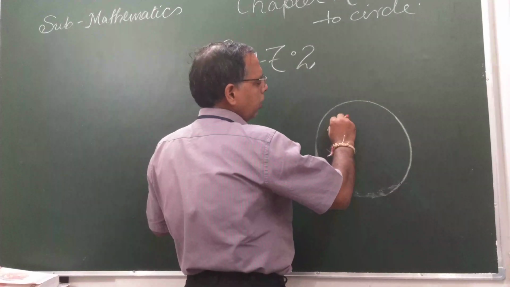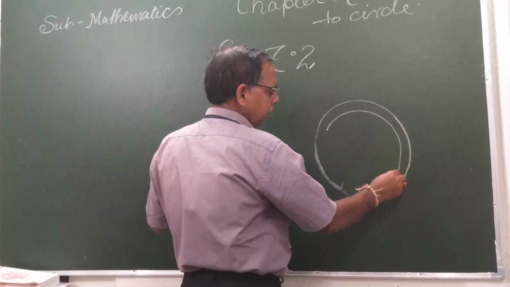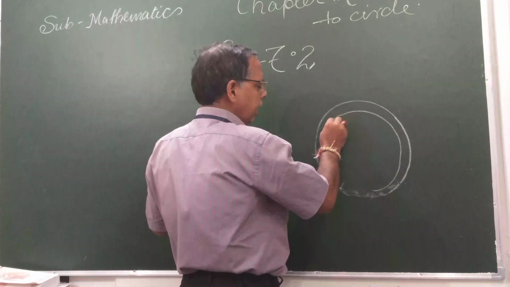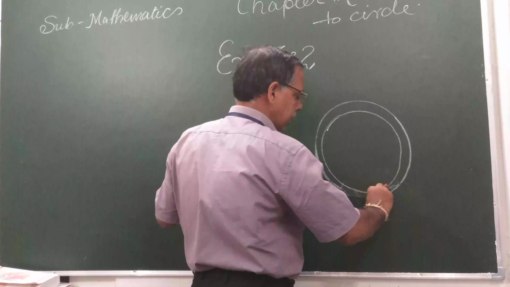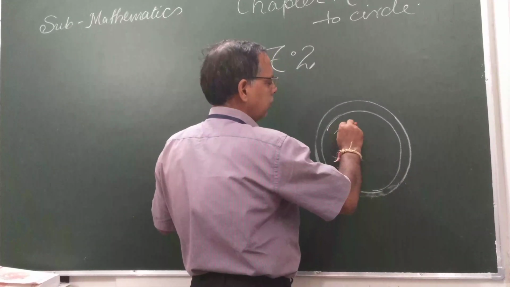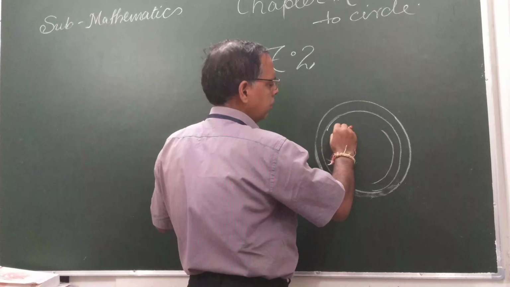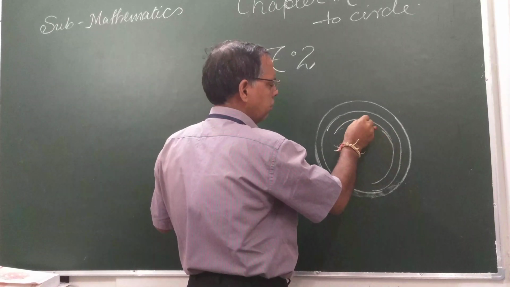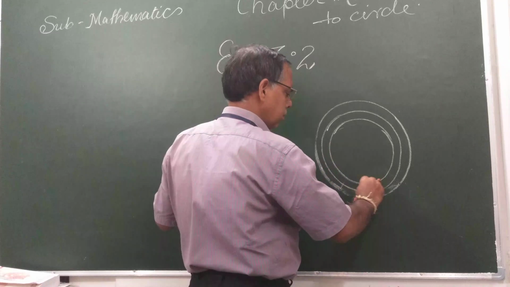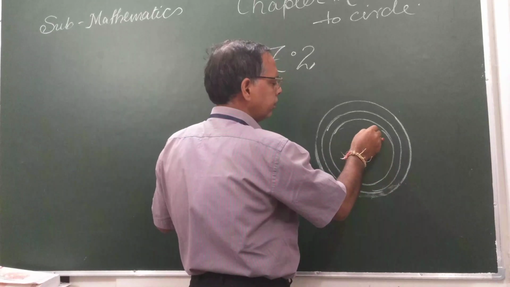Concentric circles, we have a definition: circles having different areas but the same center. This is one. This is 2.